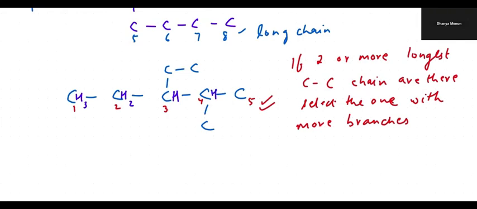Here, only 1 valency is satisfied, I need 3 more. In this carbon atom, 1 valency is satisfied, I need 3 more. So here, 2 are satisfied, I need 2 more. Here, 1 is satisfied, so I need 3 more. Let's write the name. Okay. Over here.